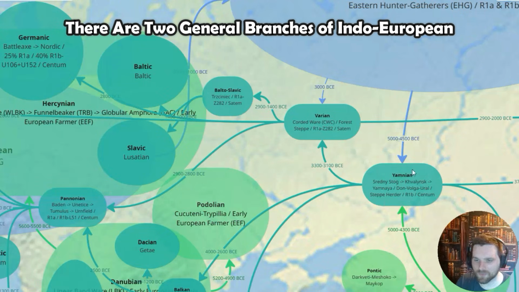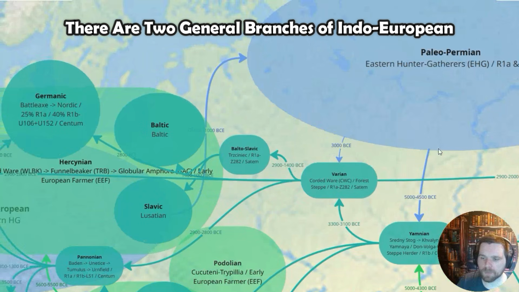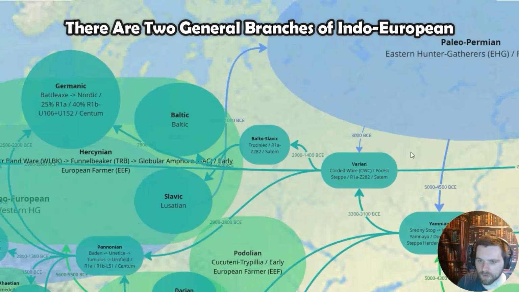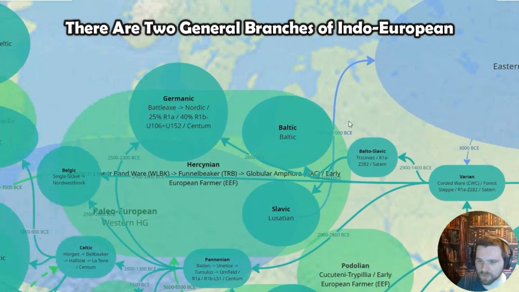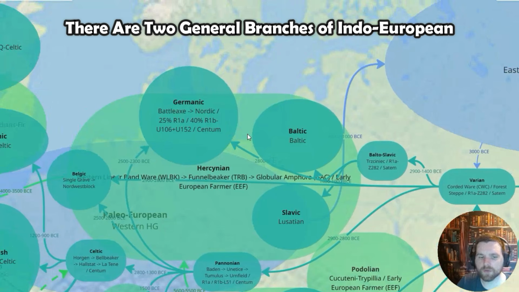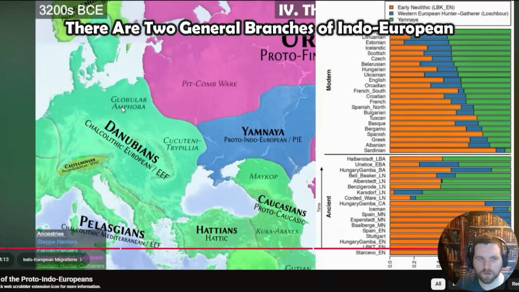So that means that this first branch came over here into the forest steppe. This is where the forests of the north were running into the steppe, and met all of these eastern hunter-gatherer peoples. And along the periphery of that, going toward the west, they encountered these funnel beaker and globular amphora, like my video was showing globular amphora right there.